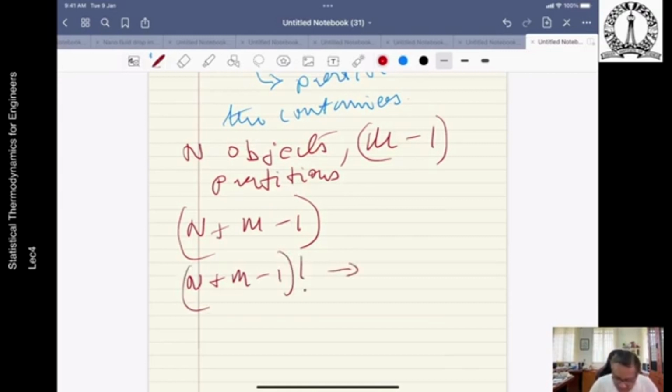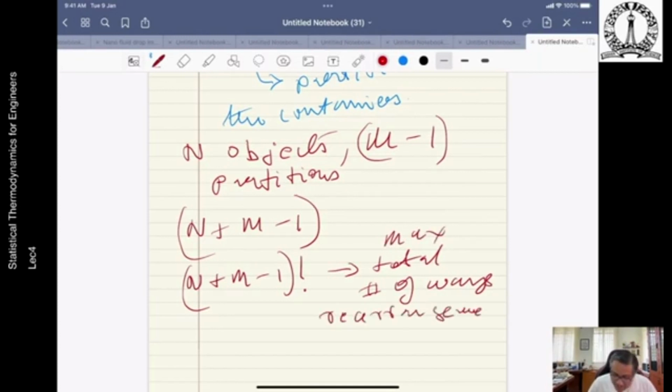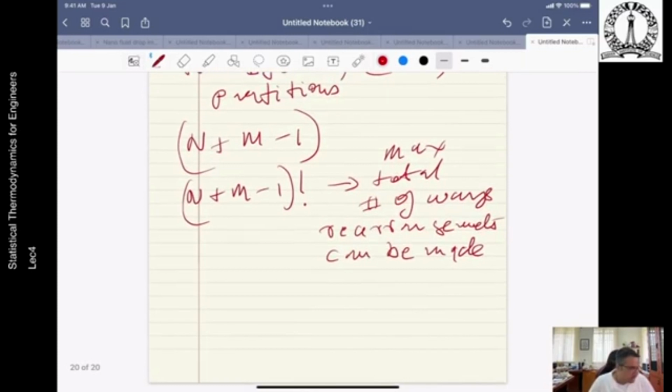factorial. This is the maximum total number of ways in which arrangements can be made. Excellent. Okay.